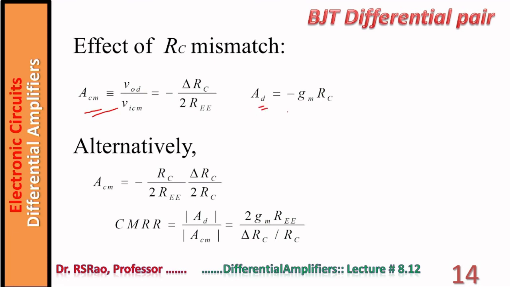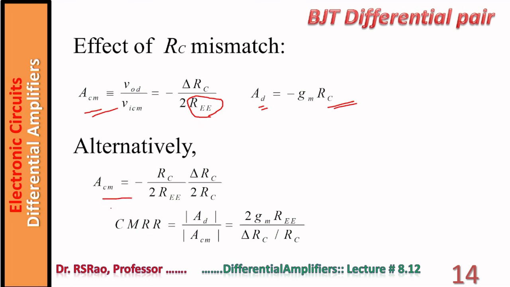AD, the differential gain, we have already seen, is minus GMRC. Notice here REE is used. What is this REE? It is the bias source resistance. This source is connected to the common emitter terminal.